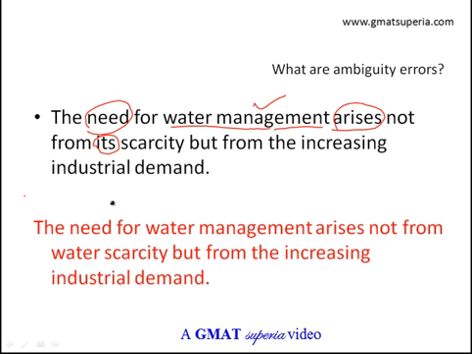It should refer to water, and that word is not given here. So now look at the restructured sentence. The need for water management arises not from water scarcity but from the increasing industrial demand. Now don't you think this sentence is less ambiguous, more precise, and it has no unclear pronoun used?